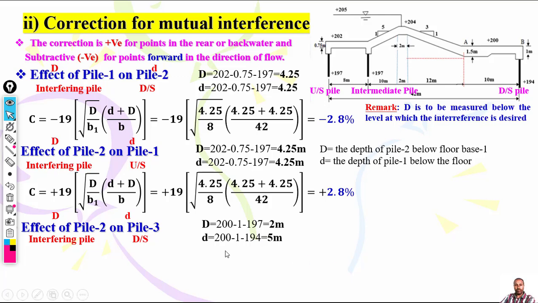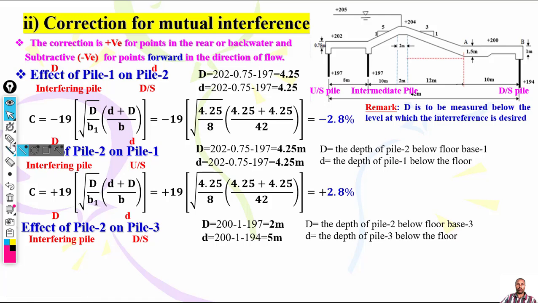Then again, you can see the depth of pile 2, which is this one, the interfering pile, below the floor of the base of 3. So be careful when you deduct 200, this 200 is this one. The effect of pile 2 on 3 we are just calculating. So you go from here to here, you subtract, then you have to make 187.